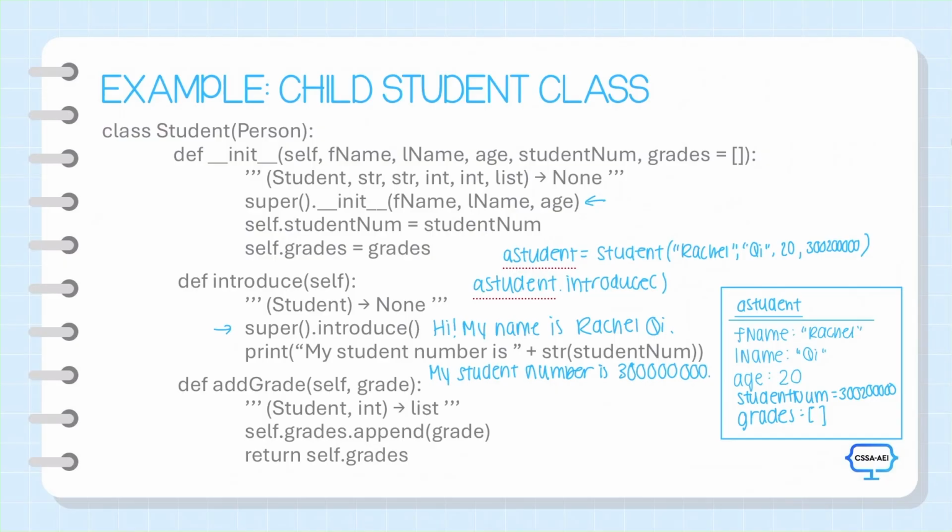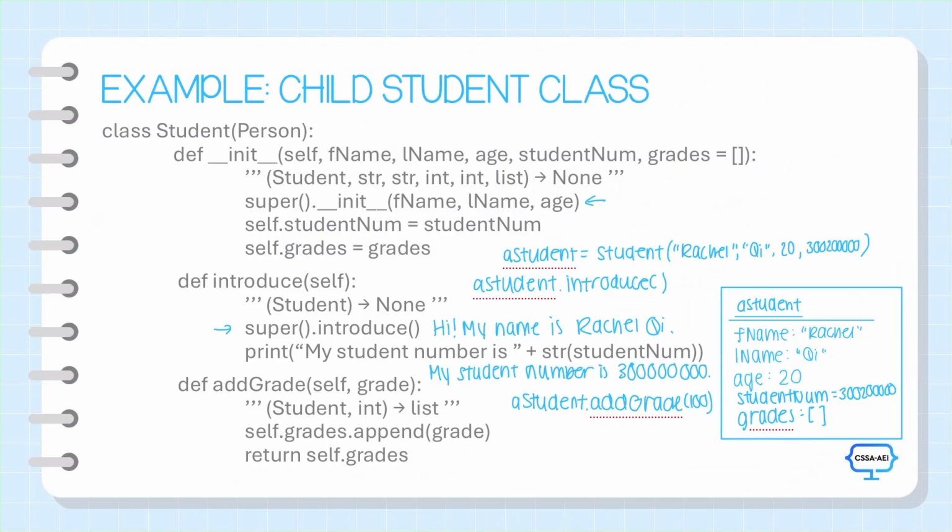We can also add a grade. So let's say student dot add grade. Let's add 100. So it's going to do self.grades.append. What does that mean? Self.grades is going to access this array here.